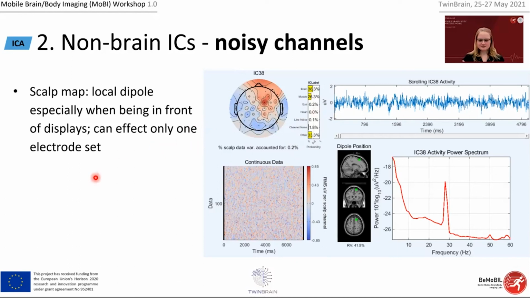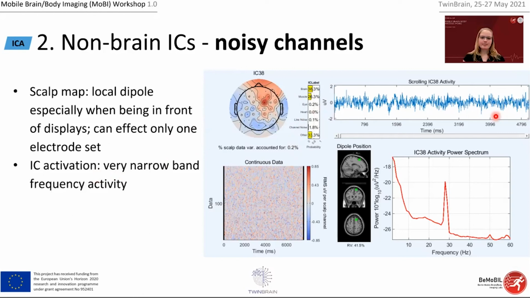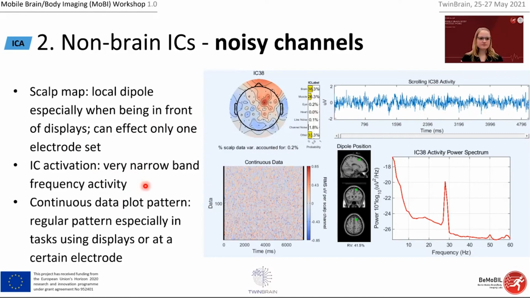The activation is more or less narrowband, and if it's noise, there is one peak frequency, but it's higher frequency than, for example, the gait-related activity.